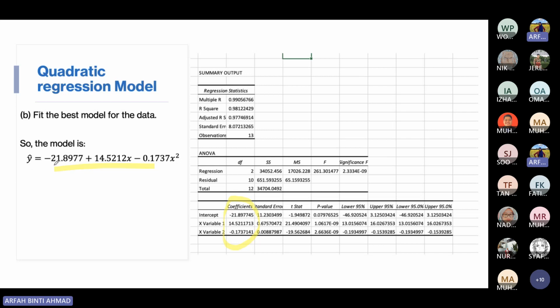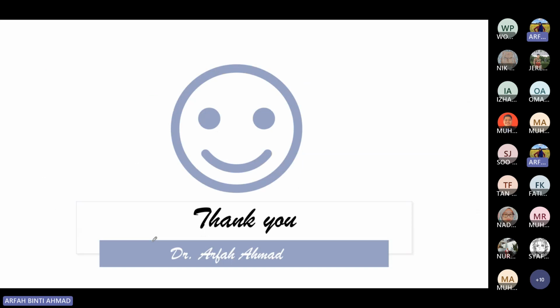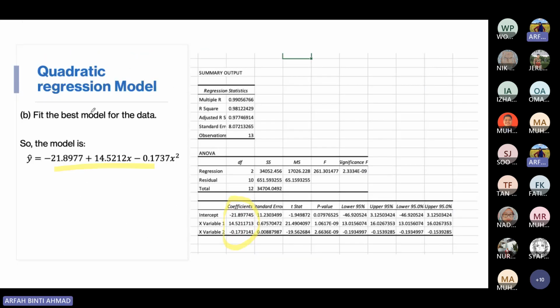Or distance equal to negative 21.8977 plus 14.5212 angle minus 0.1737 angle squared. So this is the quadratic model.